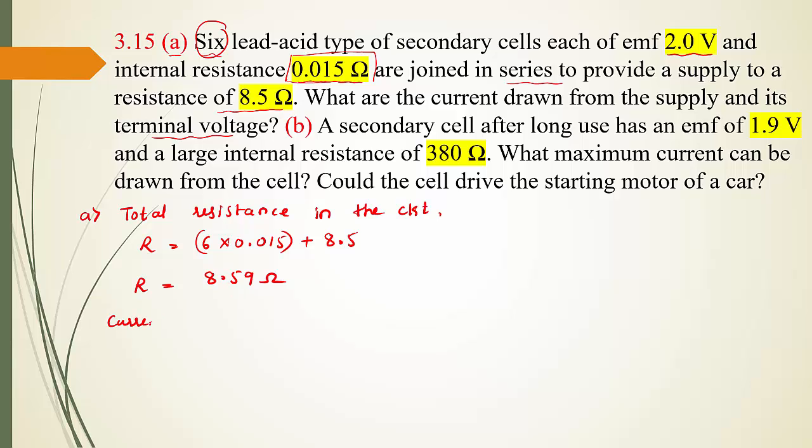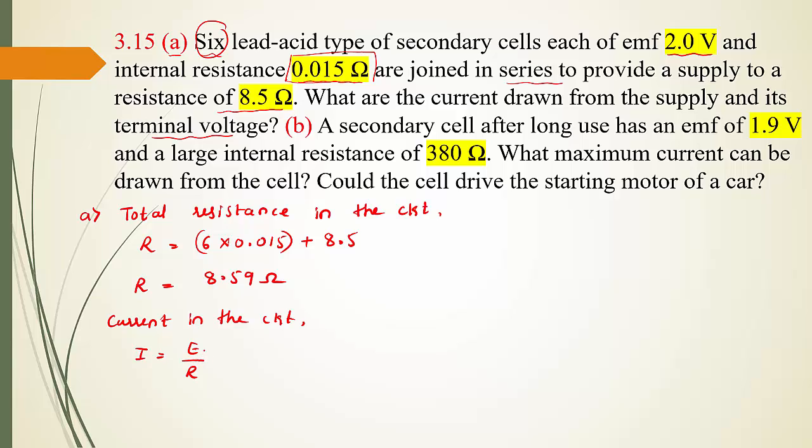Right. Now we can find the current drawn from the supply and also the terminal voltage. So current in the circuit, we can write the equation I equal to E divided by R. We can use the Ohm's law equation I equal to V by R. So V means what here? EMF or the potential difference.